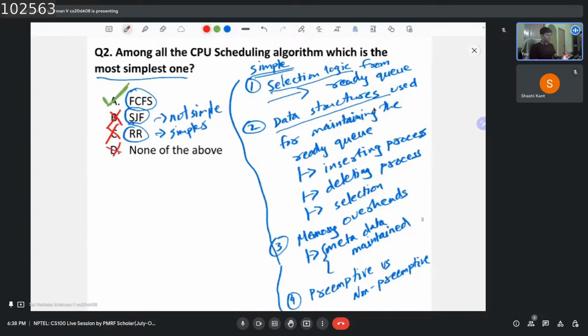So FCFS is the simplest one. Any doubts in this question? What factors did we use to determine whether a CPU scheduling algorithm is easy or difficult to implement? If no doubts, we can move to the third question.